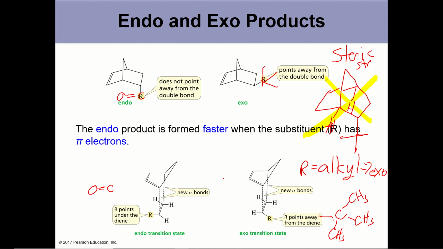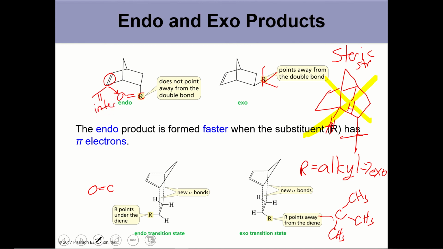Endo and exo products. Endo product is favored when we have a carbonyl group or an electron withdrawing group or pi electrons that can interact with the pi bond. So pi-pi interaction.